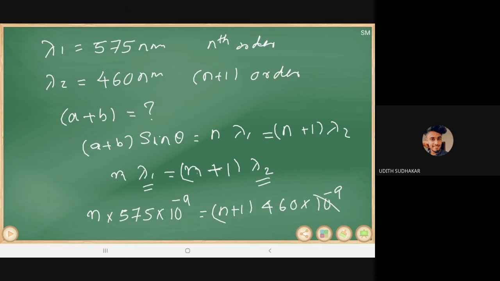The 10 to the power minus 9 will cancel. So 575 n is equal to 460 n plus 460. From that you can find the value of n.